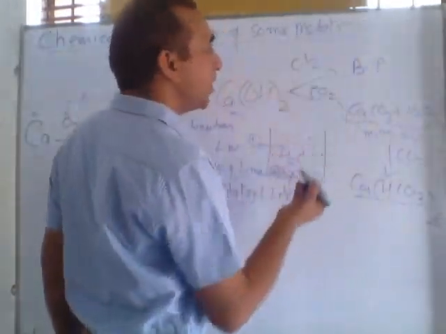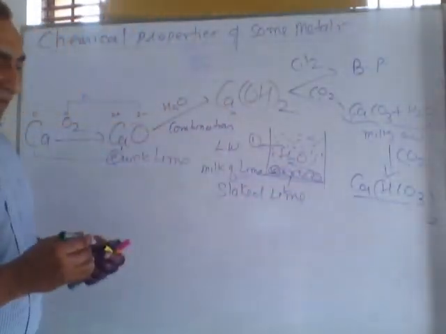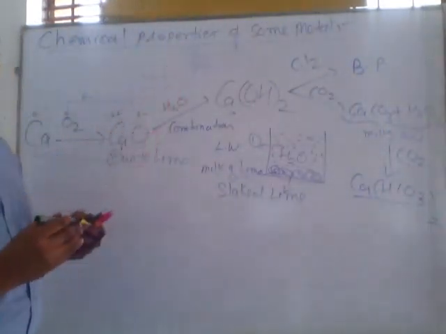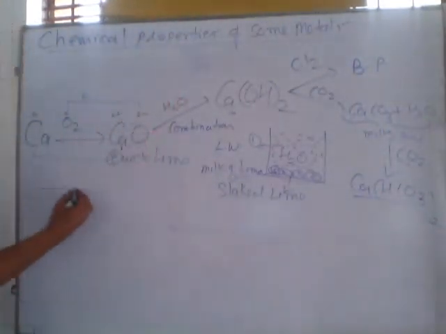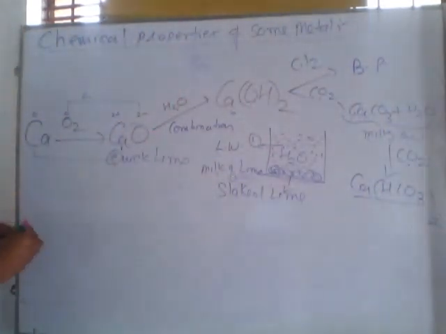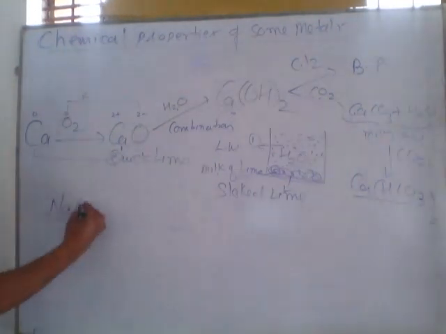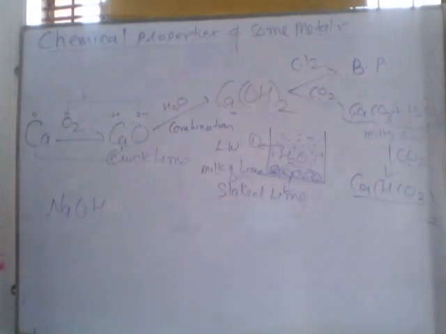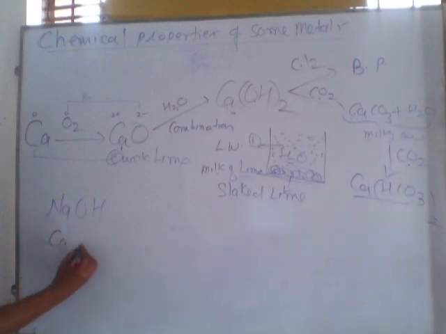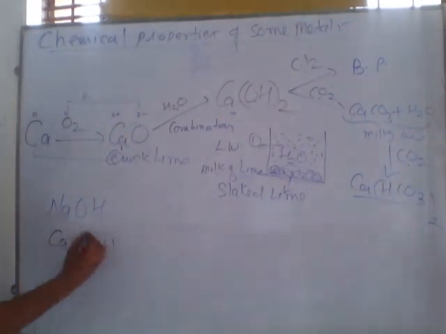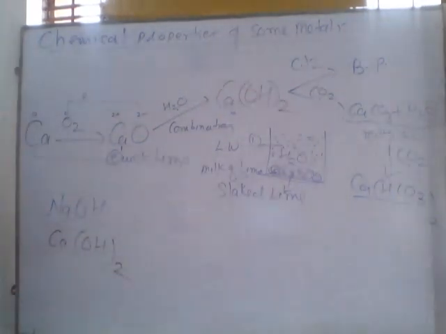But our question is, how can we prepare bleaching powder? Listen here. Actually, this is sodium hydroxide, and if we replace sodium by calcium, then we get calcium hydroxide with valency 2 of calcium.